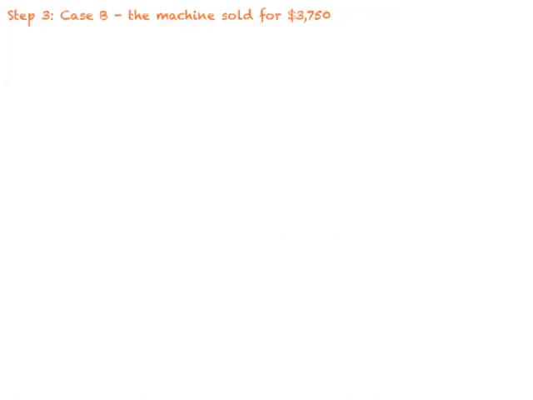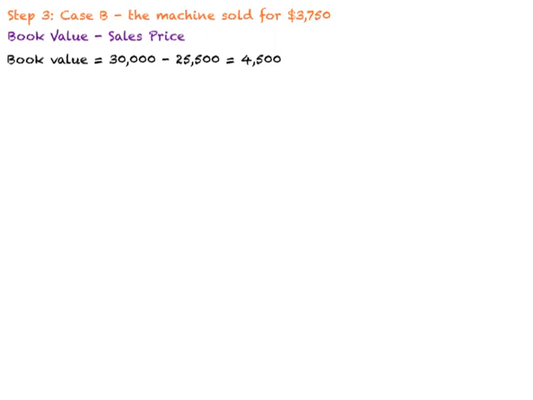Let's take a look at case B. The machine sold for $3,750. We're still looking at book value minus sales price to determine our gain or loss. We've already determined our book value to be equal to $4,500. So let's begin with our journal entry.